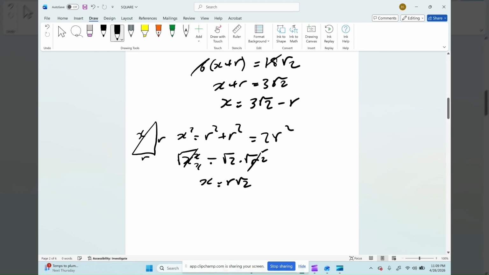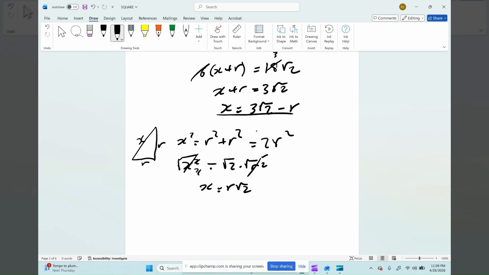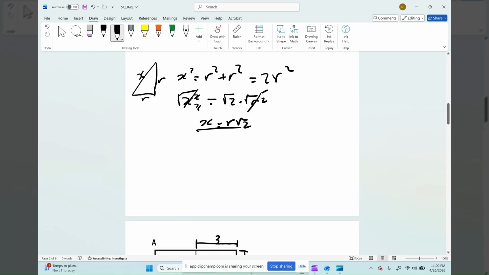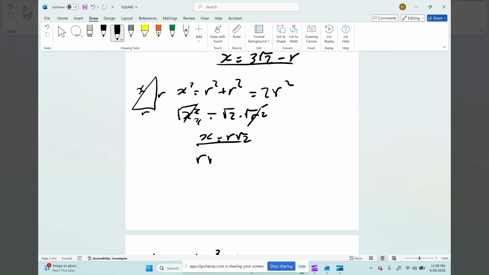So now we have two values for X, here and here. Let's equate them. So we have R square root of 2 is equal to 3 square root of 2 minus R. Let's take this R and bring it to the other side. So we have R square root of 2 plus R is equal to 3 square root of 2.